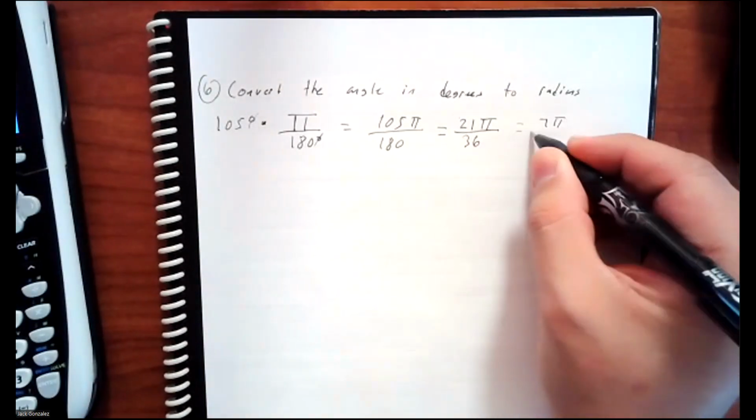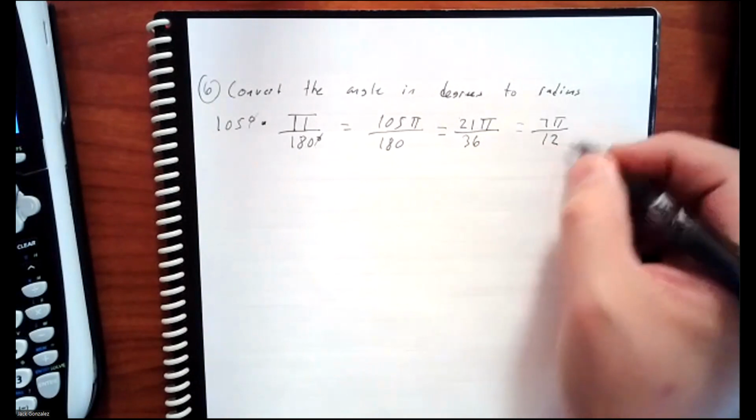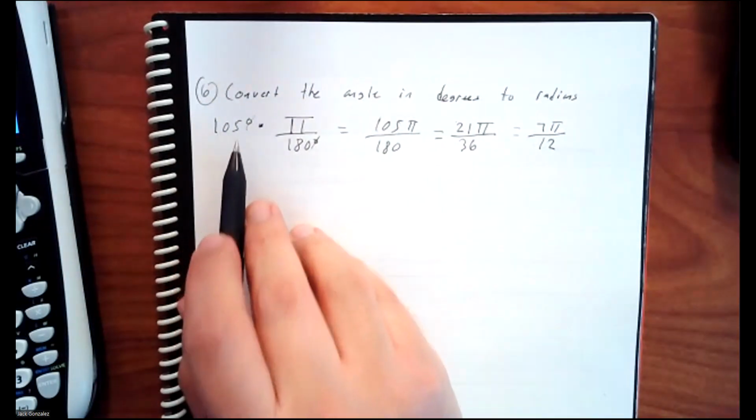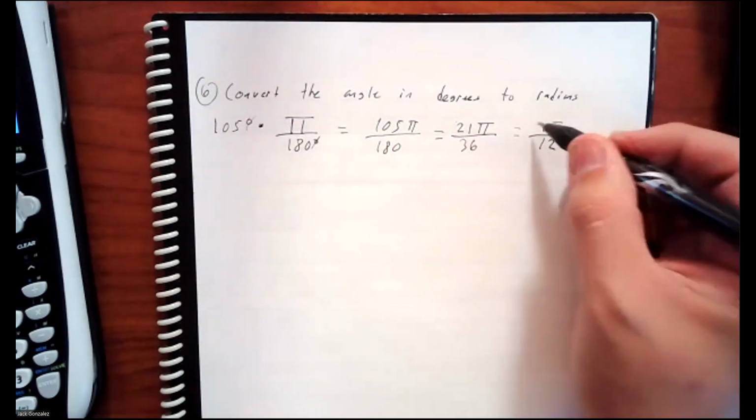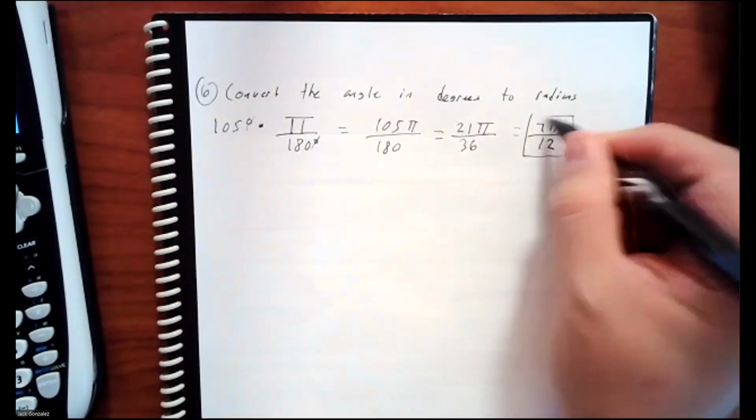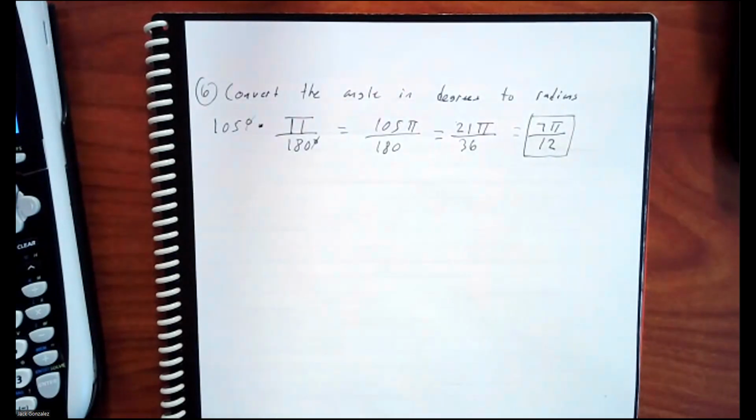So 7 pi over 12 is the radian representation of 105 degrees. That's as far as it's gonna go.